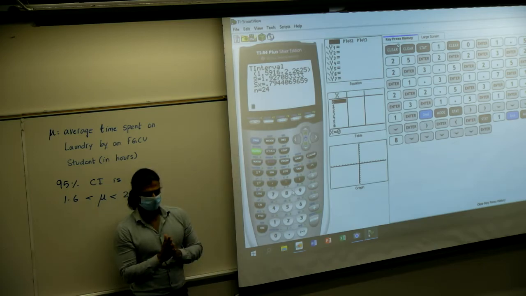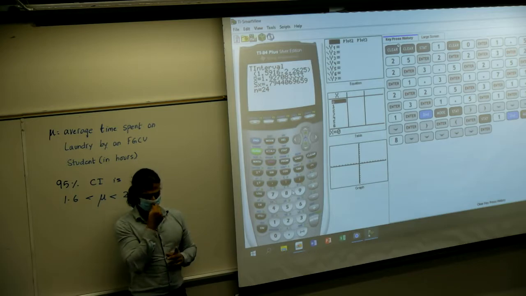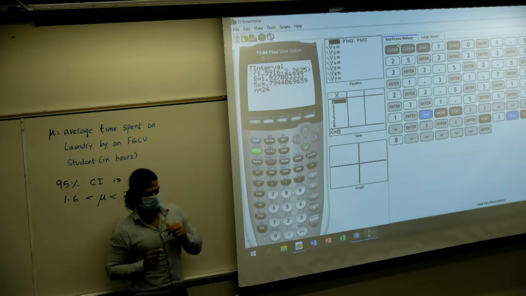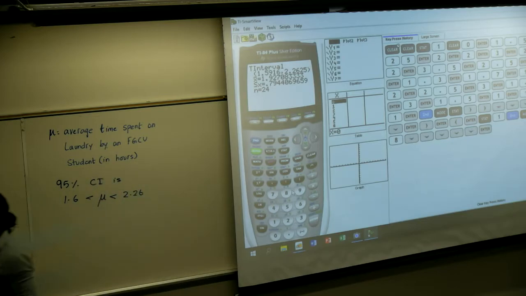Can you repeat what you said after you go to tests? Option number 8, and it should say T interval. If it's not option number 8, just pick the one that says T interval. Good? So what would you do if you had a different confidence level?